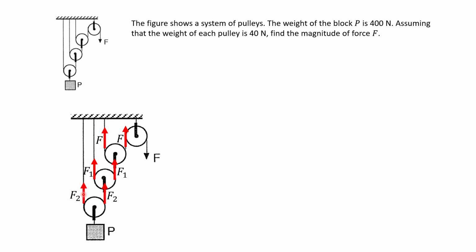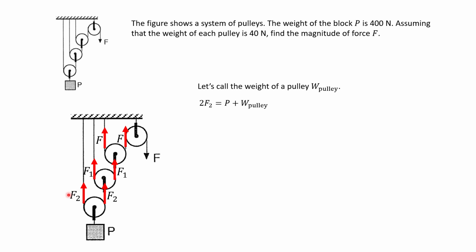Now let's write down the equations for these forces. We're going to start by calling the pulley's weight W pulley, or just W. So what do I have here? Well, my first equation is going to be for this block and the force acting on this pulley, right?